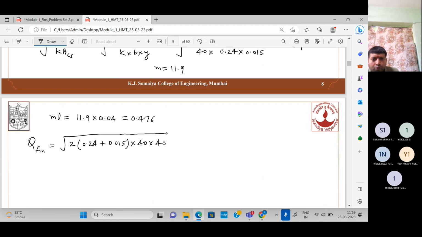Okay, root PhkA. So cross sectional area is B, which is 0.24, into Y, 0.015. Root PhkA into T naught minus Ta. So T naught is 55 minus Ta, which is 30. Okay, there is no space here, so I am continuing this below.